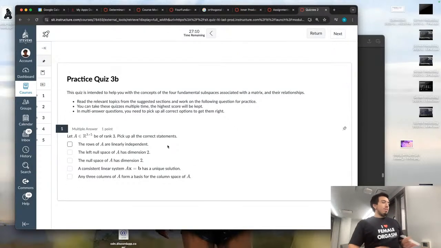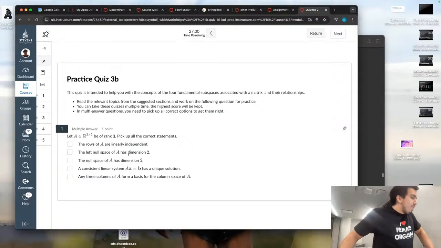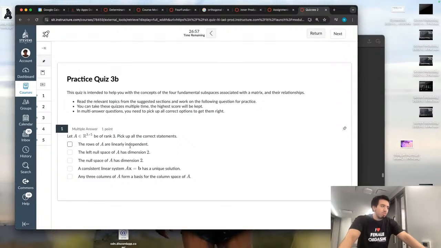All right. The left null space dimension is the rows, which is 3 here, minus 2, wait, rows minus rank. I guess it should be 0. That's 2.